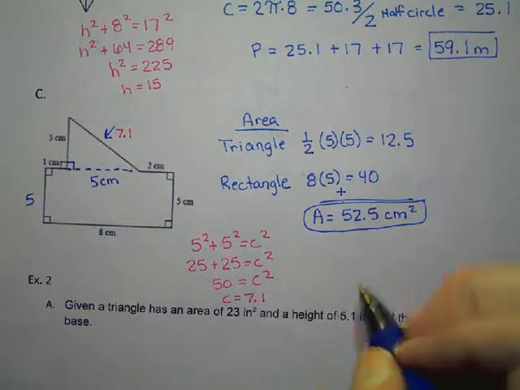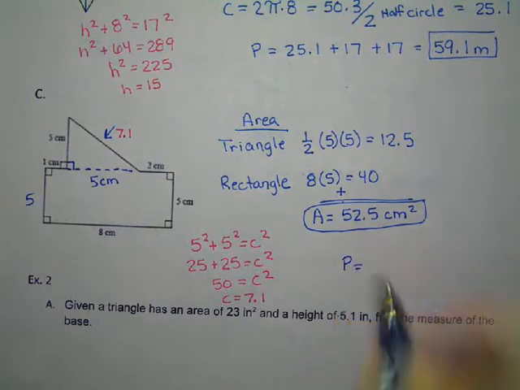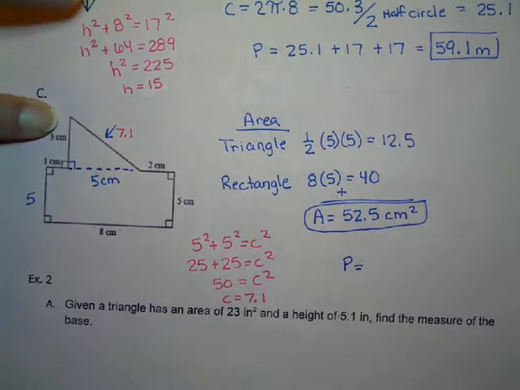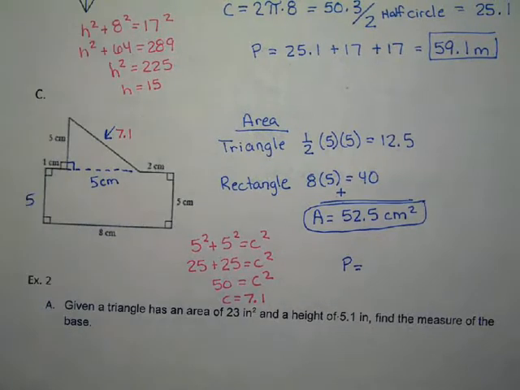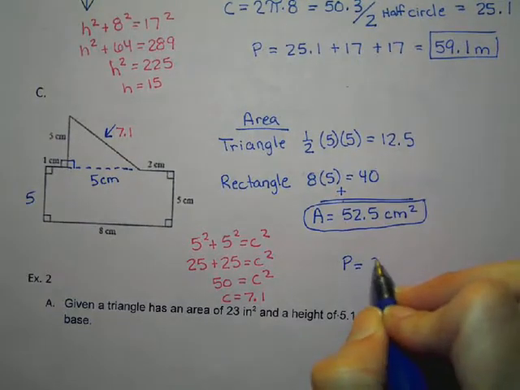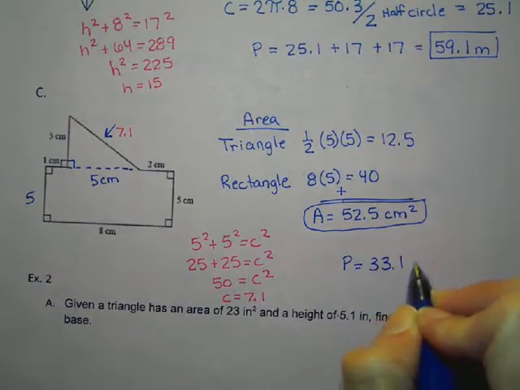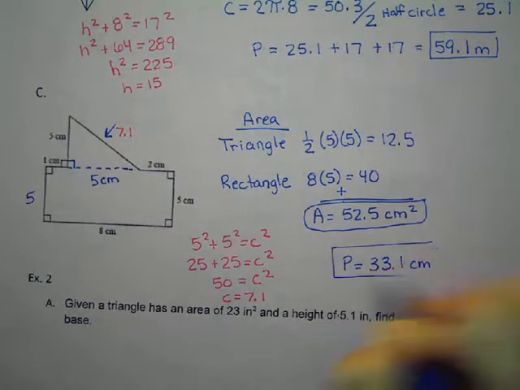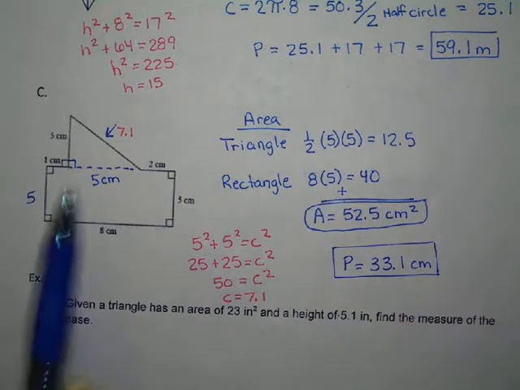I'll say 5 plus 7.1 plus 2 plus 5 plus 8 plus 5 plus 1 equals about 33.1. So again, we don't add this 5 because it's not on the exterior. It has to be on the outside to add it up in the perimeter.